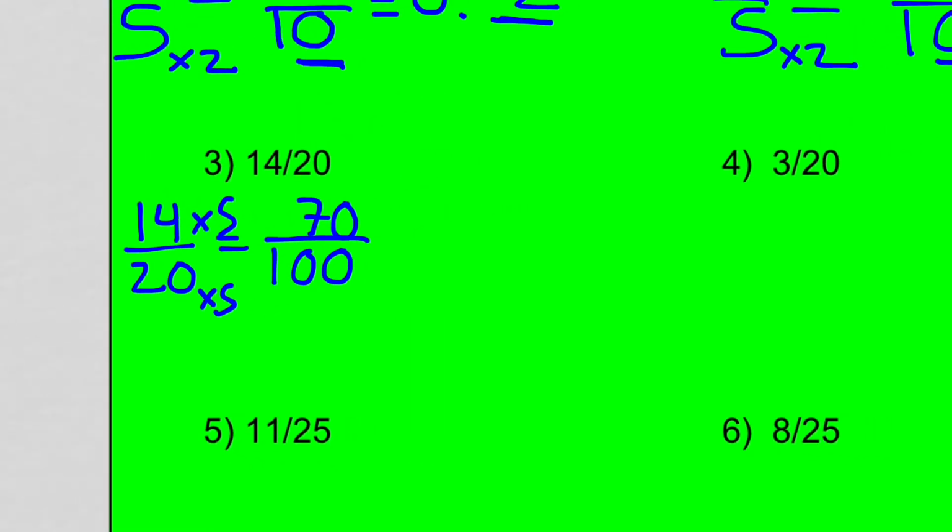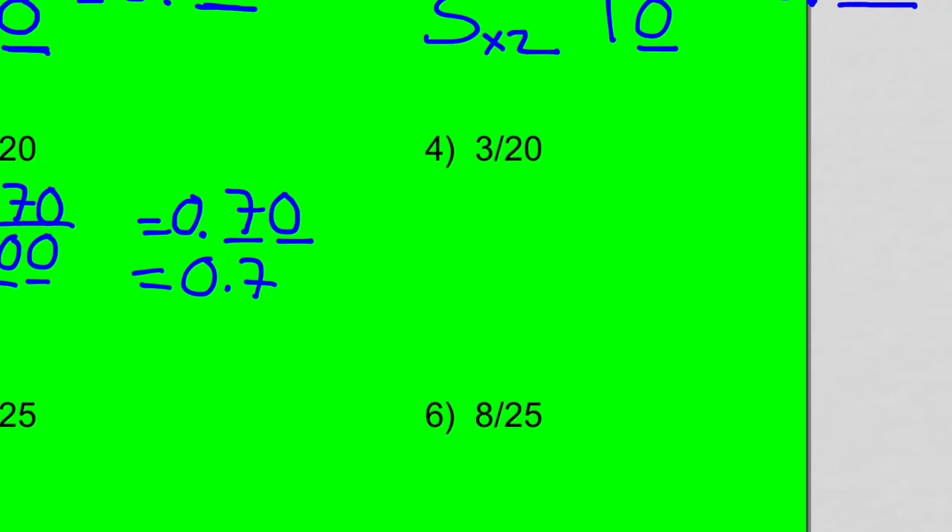Now there are 2 zeros on 100, which means there are going to be 2 decimal spots, and that would be 0 and 70 hundredths, or just 0 and 7/10. And we could have gotten that by just making this a fraction 7 out of 10. So there's many ways to do them sometimes.